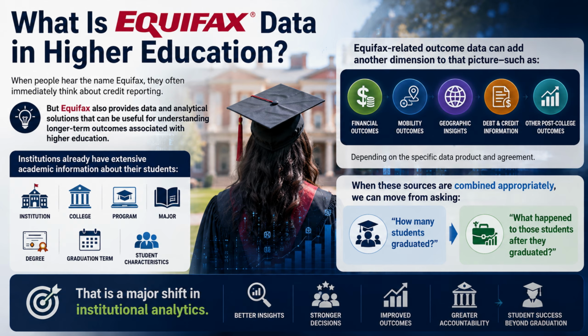An institution already has extensive academic information about its students: institution, college, program, major, degree, graduation term, and student characteristics. Equifax-related outcome data can potentially add another dimension to that picture, such as financial, mobility, geographic, debt, and other post-college outcome information, depending on the specific data product and agreement.